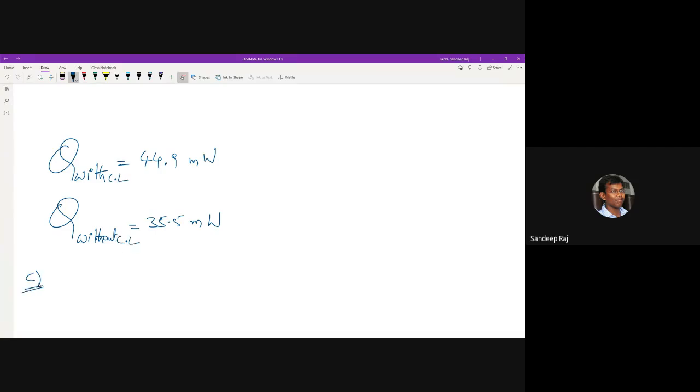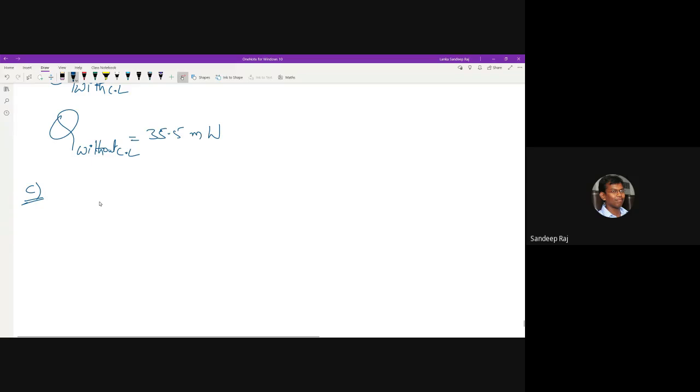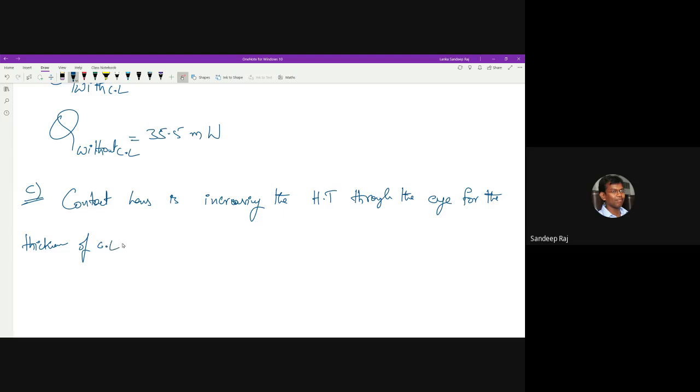So the answer to question C will be: the contact lens is increasing the heat transfer through the eye for the thickness of contact lens considered in the problem.